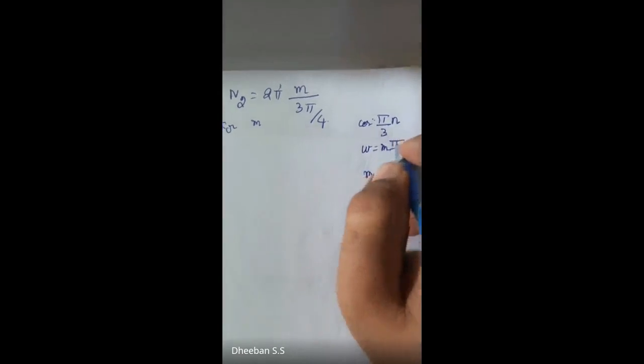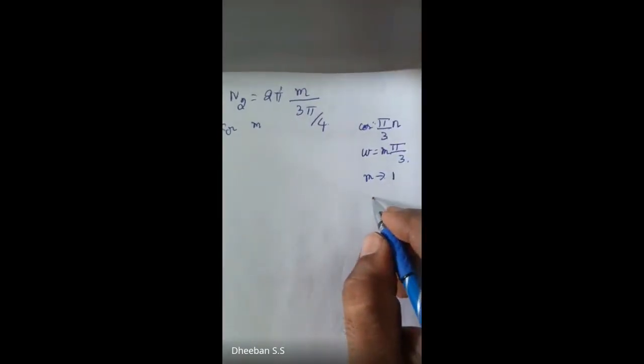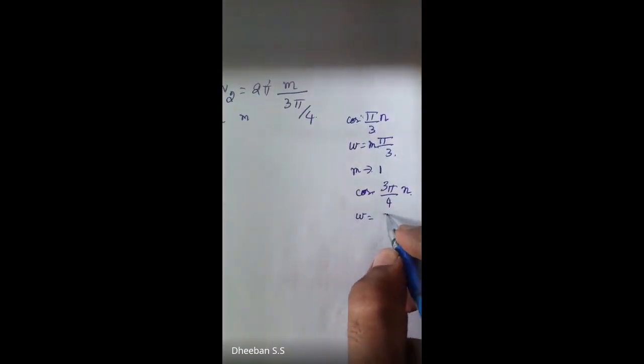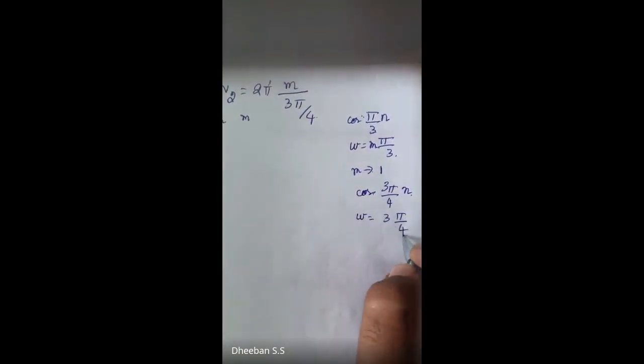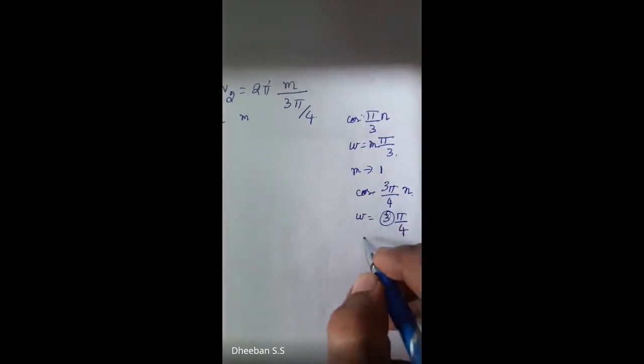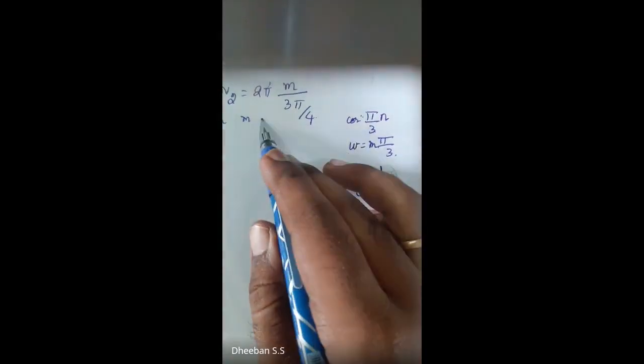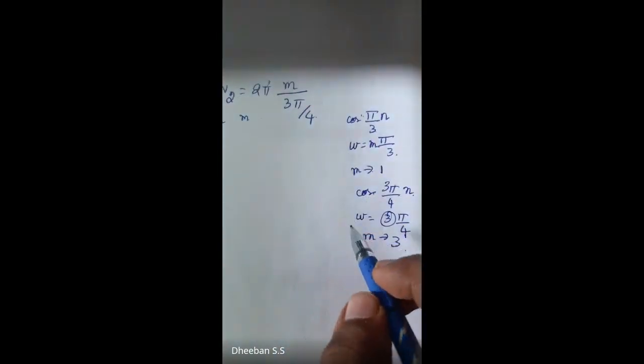Similarly, for cos 3 pi by 4 n, omega equals 3 pi by 4, but here your m value is 3. So you should not put m value 1, you have to substitute the m value with 3.